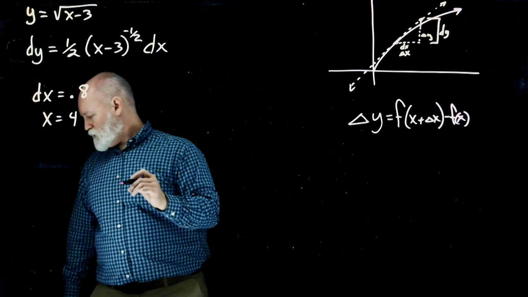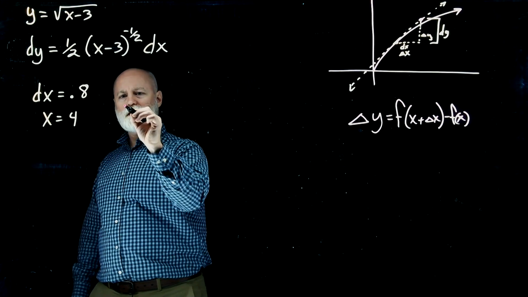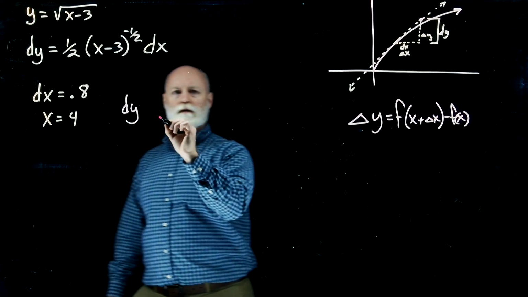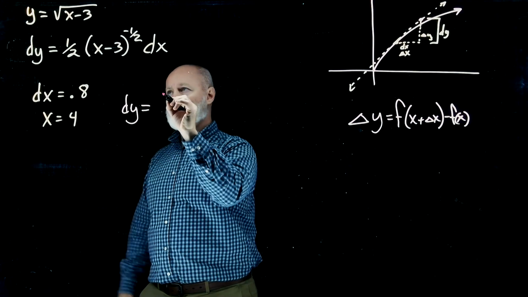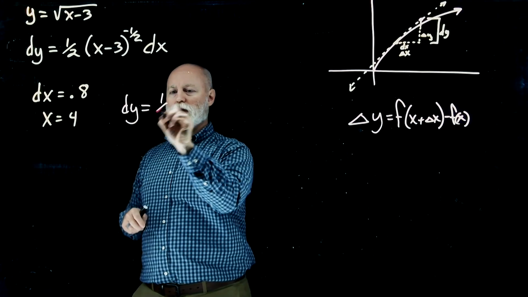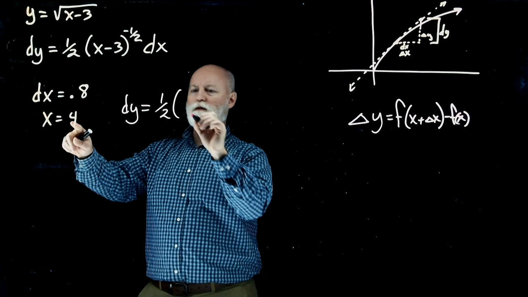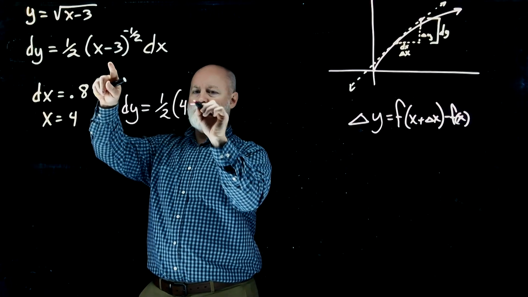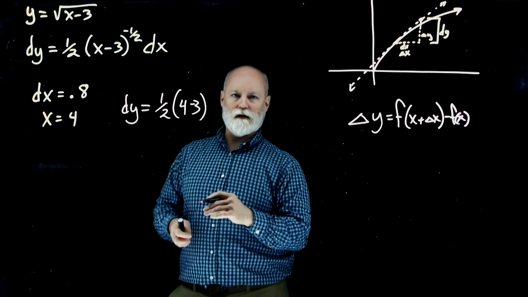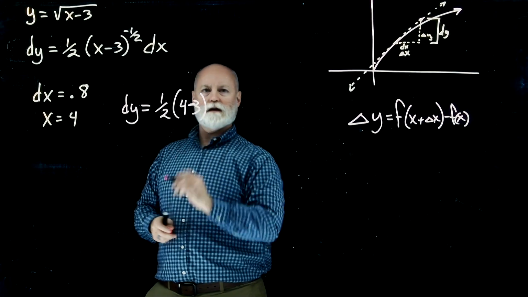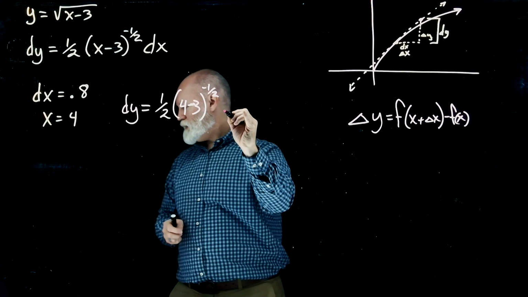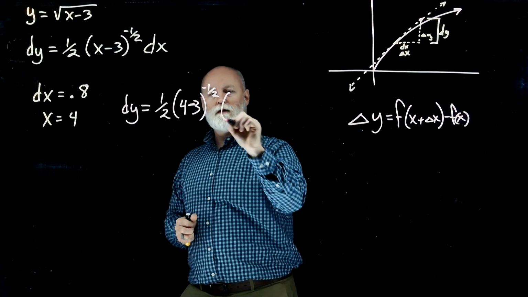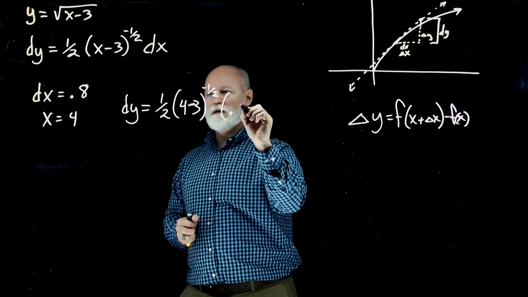We're going to find dy using this function: 1/2 times our value of 4 minus 3, which is a nice value, to the negative 1/2 power, then times delta x. And here we're saying delta x is 0.8.